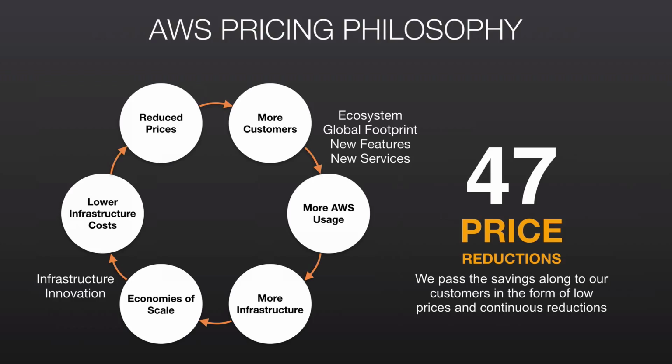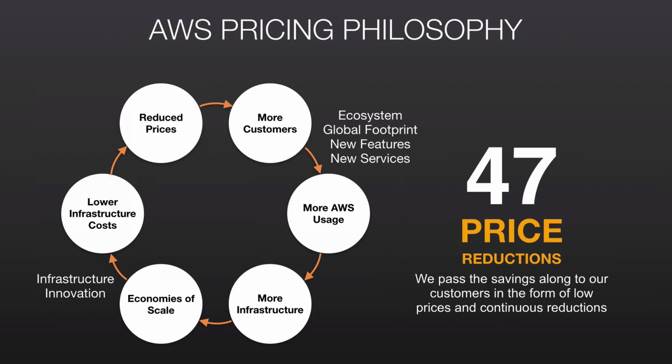That unlocks more customer demand, in some cases making deployment scenarios or workloads viable for deployment on AWS where they may not have been economically viable previously, which in turn drives more usage, leading to us requiring more infrastructure, unlocking more economies of scale and opportunities for innovation, which we can in turn pass back on to customers in the form of lower infrastructure costs. And so we spin this wheel.